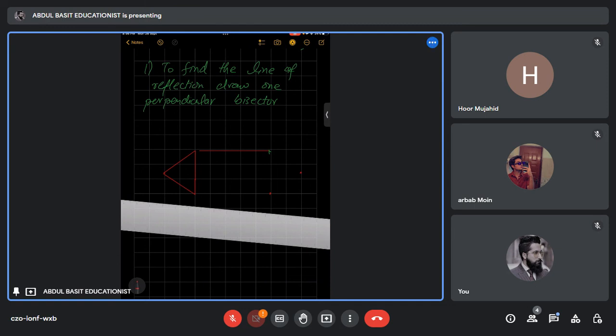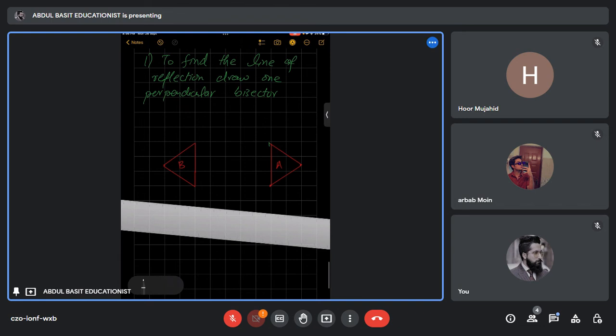This is center. So now join it. Okay ji, this is shape A and this is shape B. How to find out the line of reflection? Let's check. You have to join the corresponding points और आप देखेंगे कि all the corresponding lines will be parallel to each other. Let's see. Let's check.